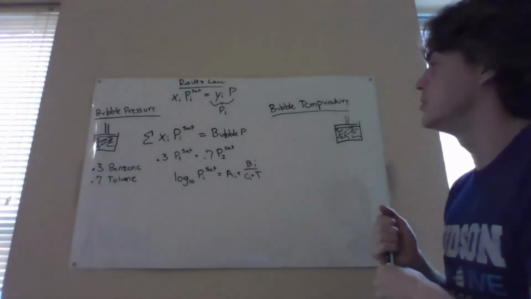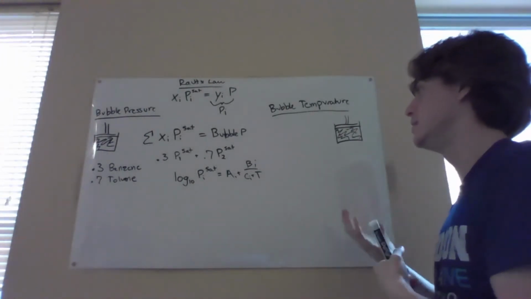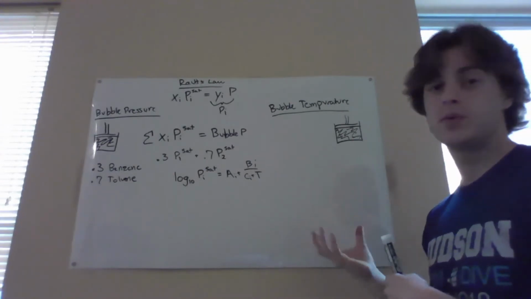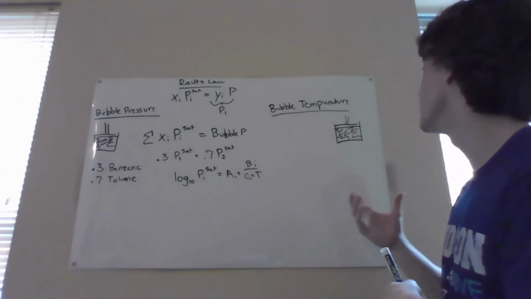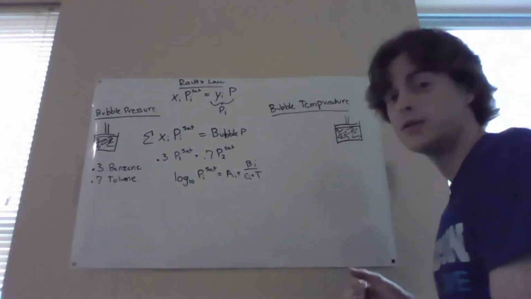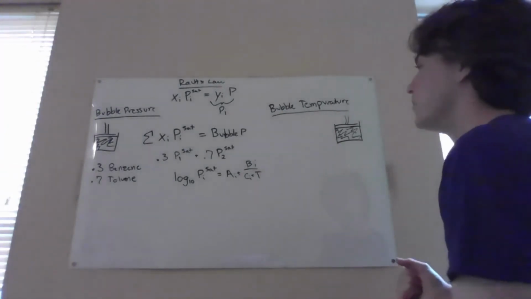So again, we'll be using Raoult's equation and the idea that when the sum of the vapor pressures of the components in the container is equal to the pressure that is being exerted on the container, the first vapor bubble will form.